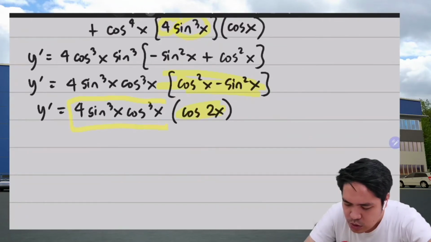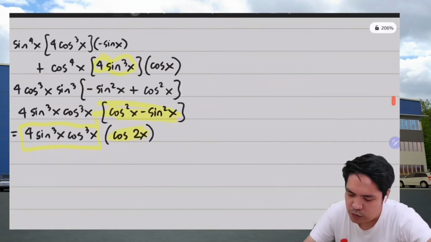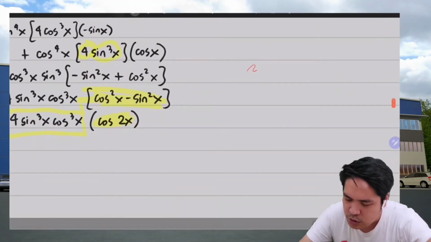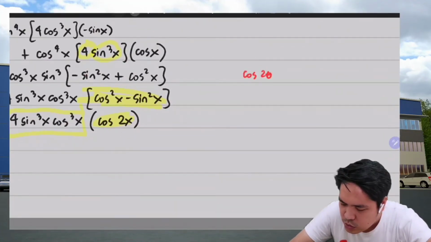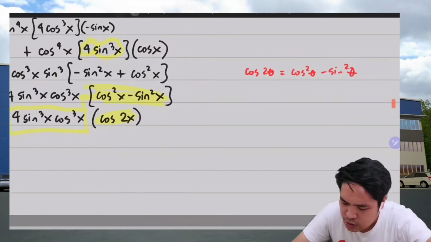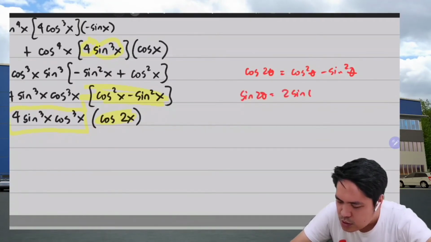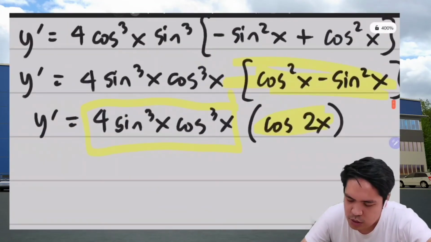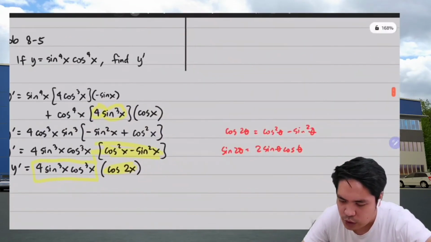Here, if you recall, the double angle identity for sine. These are the ones we used. Let me write it. If you recall, cosine 2 theta is cosine squared theta minus sine squared theta, and sine 2 theta is equal to 2 sine theta cosine theta, which resembles these first few factors.